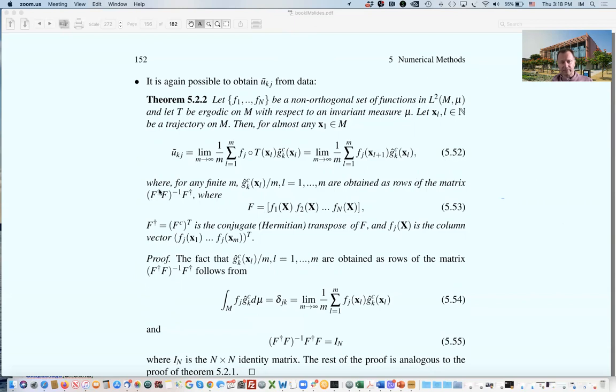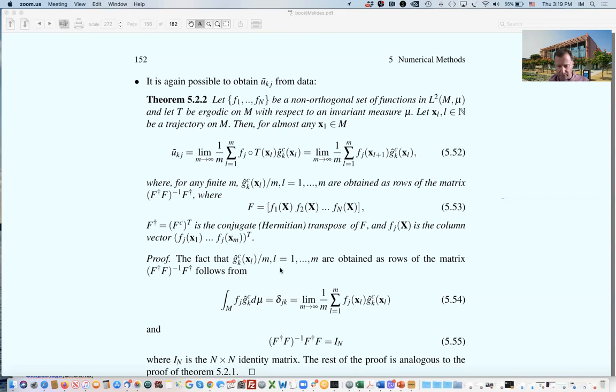So this is F dagger, F inverse, F dagger, where F is what we're going to call the data matrix. And so the data matrix here, if you choose your library of functions, F1, F2 to Fn, you put those functions in rows, and then you evaluate them on this X. X is the column of points of the trajectory, so x1 to xm.